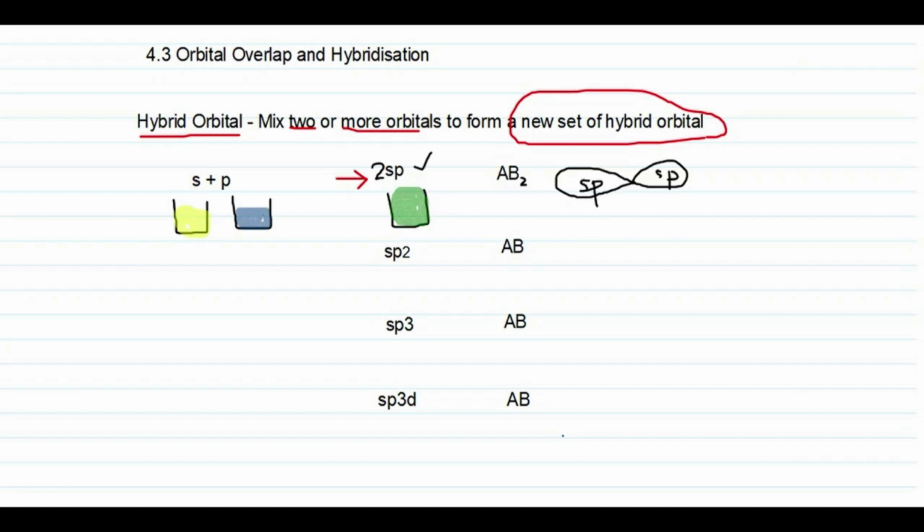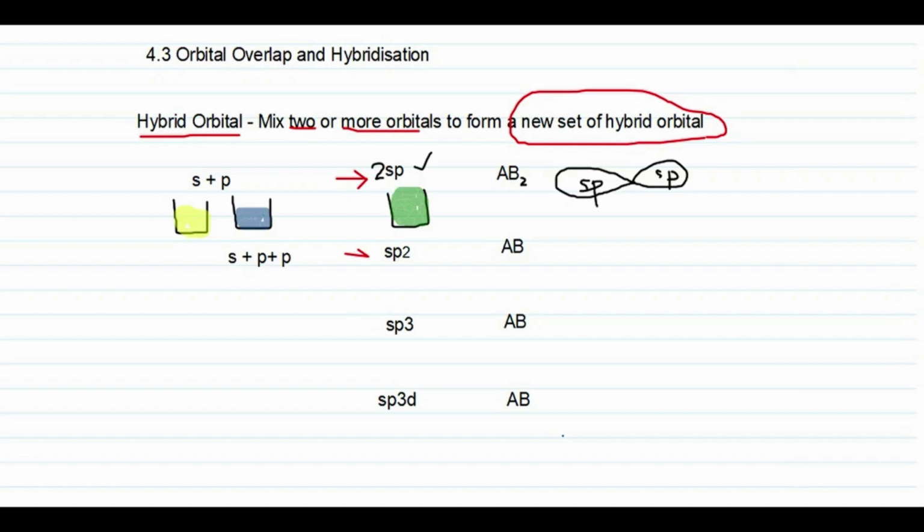Now, same case for sp2. For producing sp2, we need to mix s orbital plus p orbital plus another p orbital. And hence, we can produce sp2.